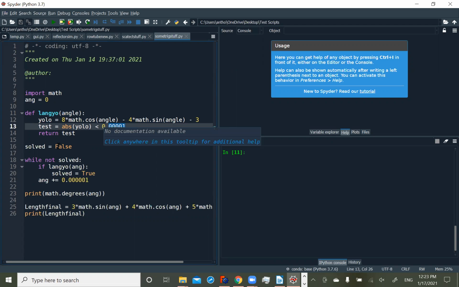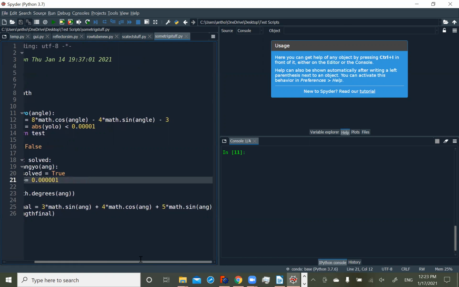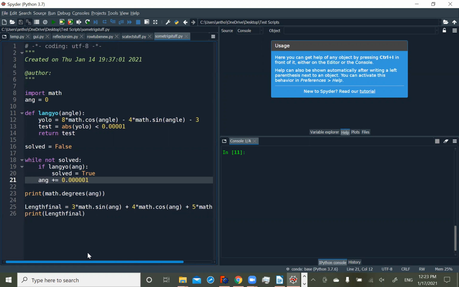Right now it's not solved yet, so we're going to keep calling this math equation and changing the angle a little bit each time until we're really near 0. And once we know what the angle is, I'm going to use it in that second equation: 3 times sine angle, 4 cosine angle, 5 sine angle.